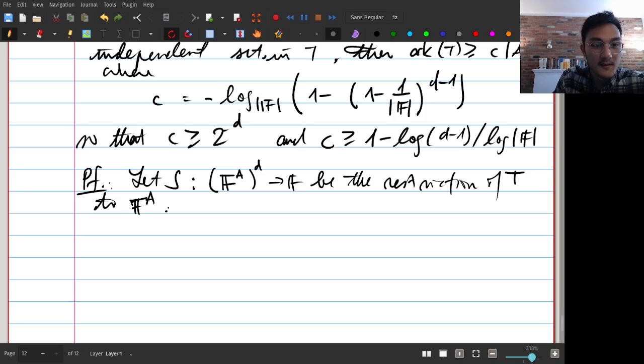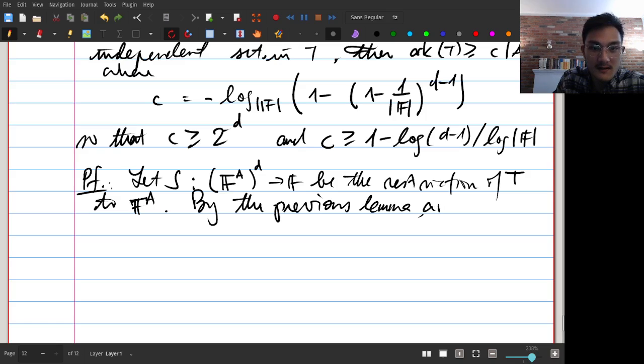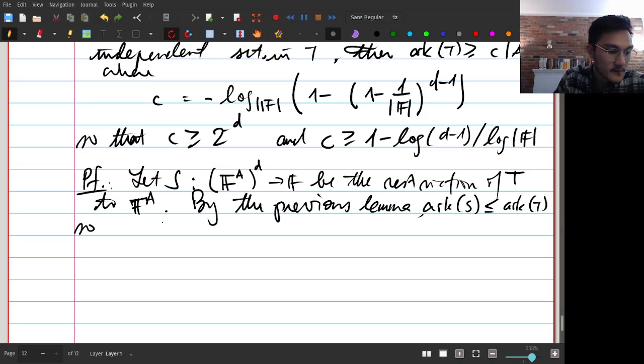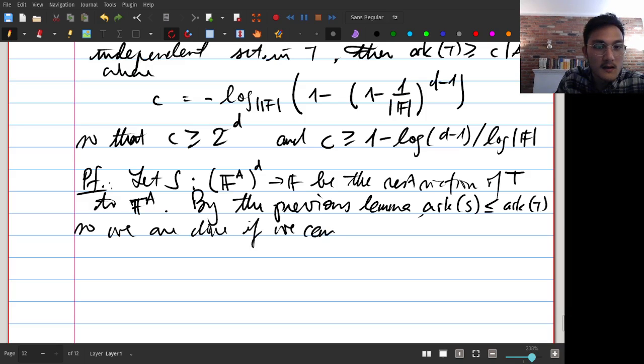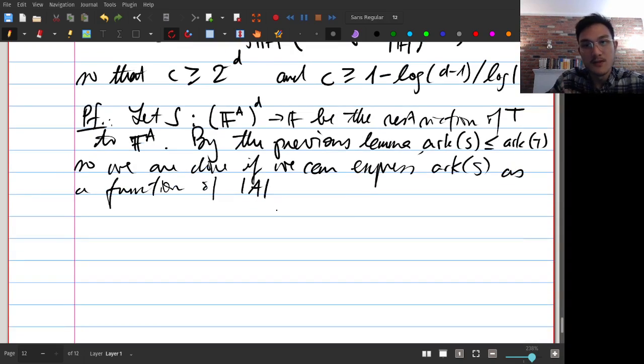And by the previous lemma, the analytic rank of S is less than the analytic rank of T, so we are done if we can express the analytic rank of S as a function of the size of A. Well, in particular, we're going to show it's a constant times the size of A, where the constant is above.